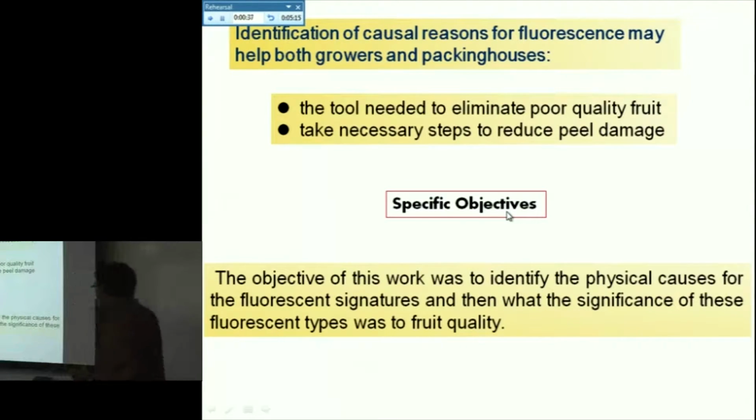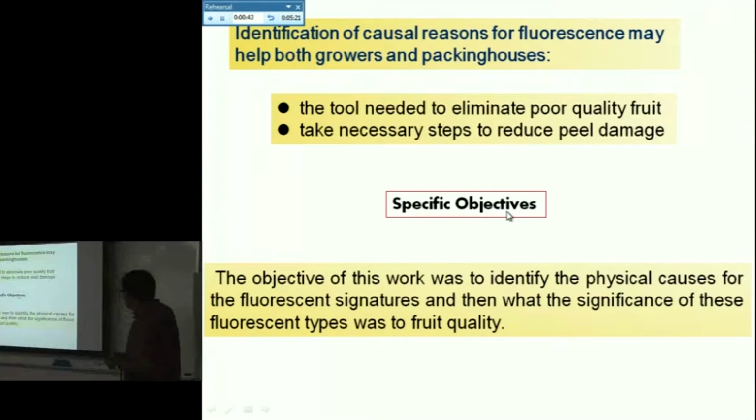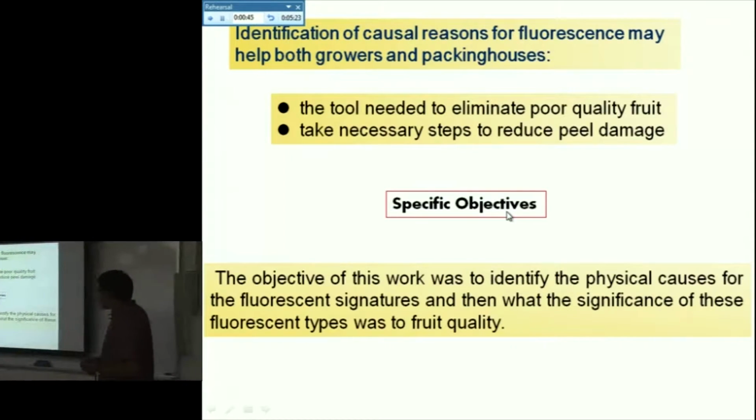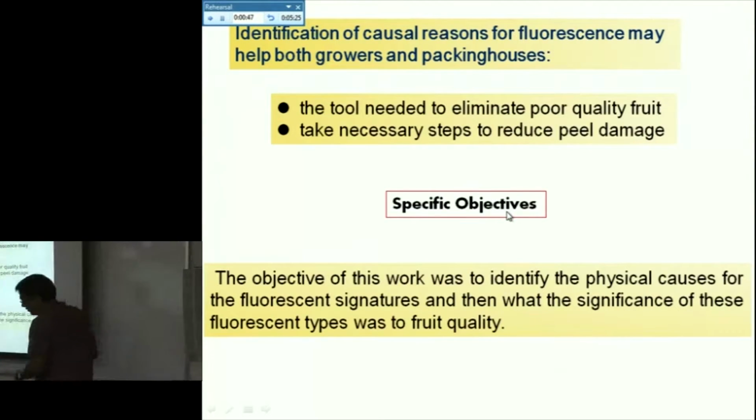Therefore, the objective of this work was to identify the physical causes of fluorescent signatures, and the significance of these fluorescent types to fruit quality.